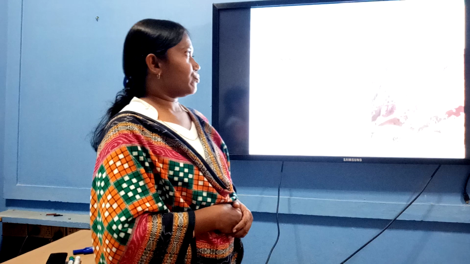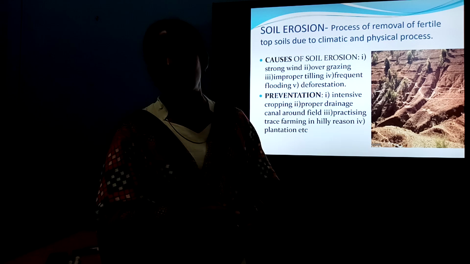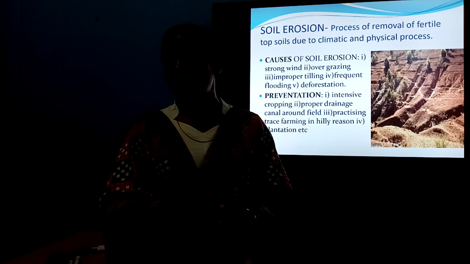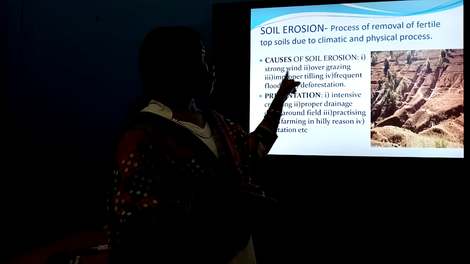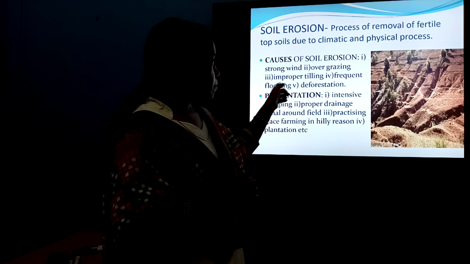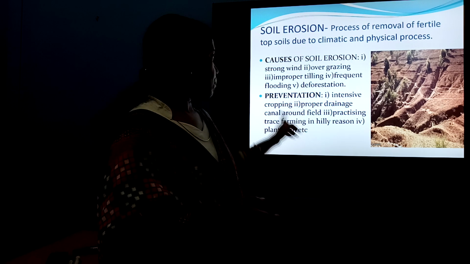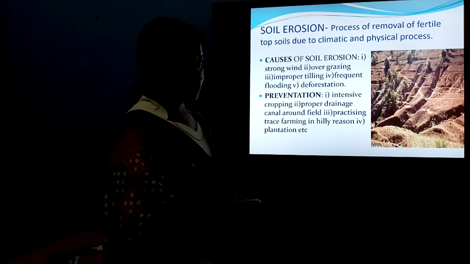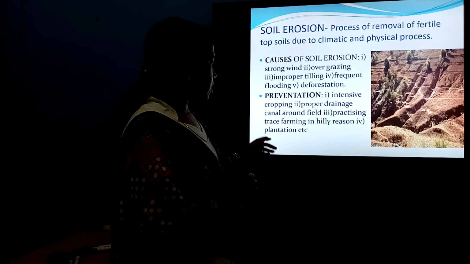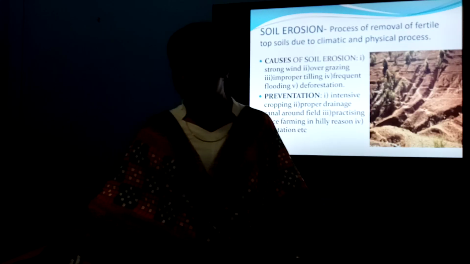Now soil erosion is the process of removal of fertile topsoil due to climatic and physical processes. Now causes of soil erosion: strong wind, overgrazing, improper tilling, frequent flooding and deforestation. Prevention: intensive cropping, proper drainage canals around the field, practicing terrace farming in hilly regions, and the fourth point is plantation.